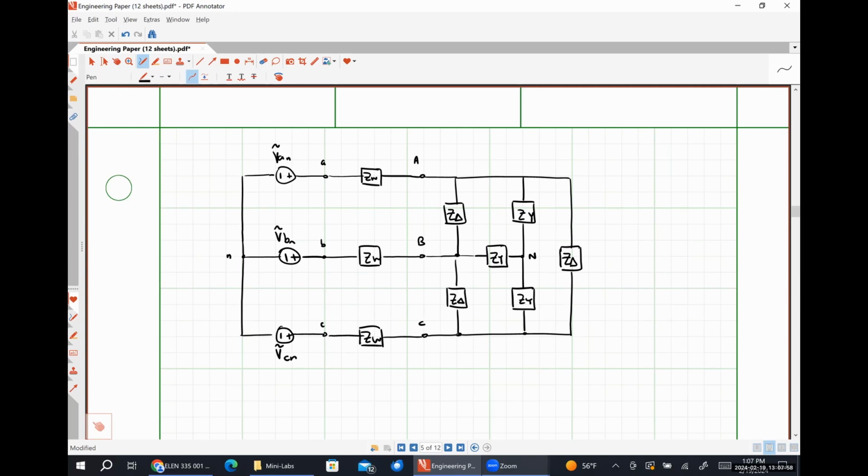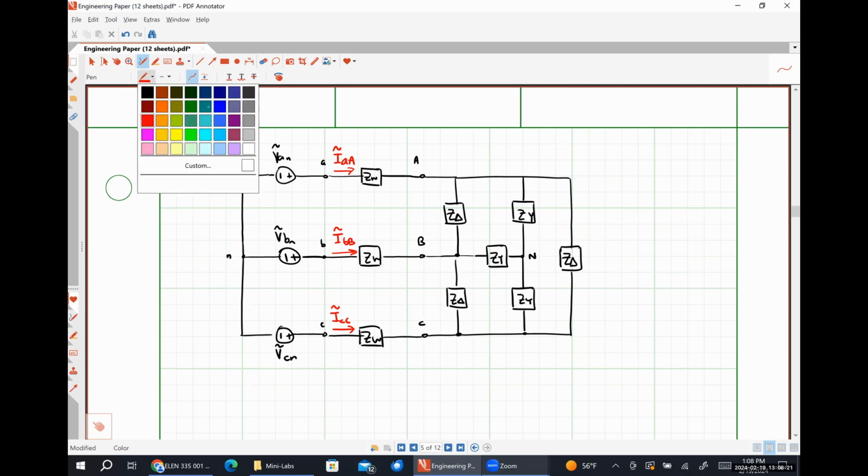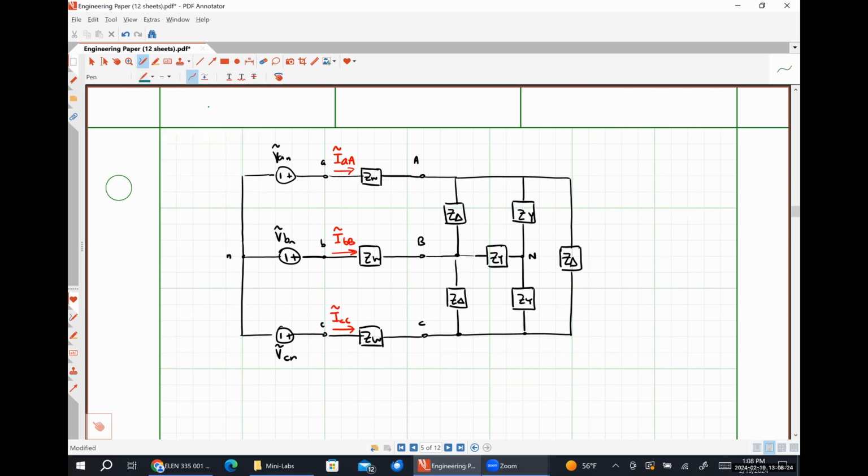What I want us to find are the following quantities. I want our line currents. But I also want our phase currents in our load.